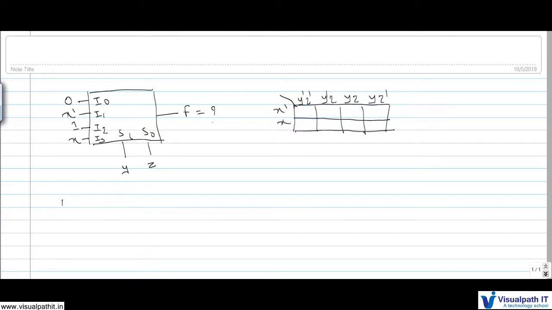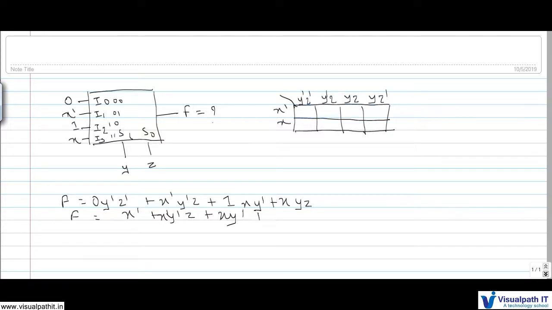So function will be 0 for Y dash Z dash, because this is 0 0, this is 0 1, this is 1 0 and this is 1 1. So this is X dash Y dash Z plus 1 X Y dash plus X Y Z. Now this function will be like X dash Y dash Z plus X Y dash and X Y Z. I have to shorten this function.